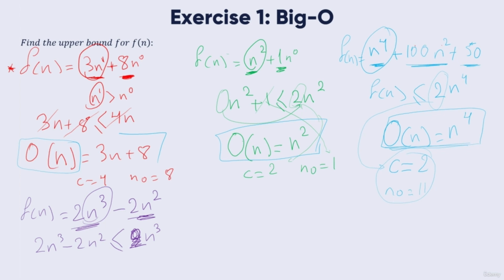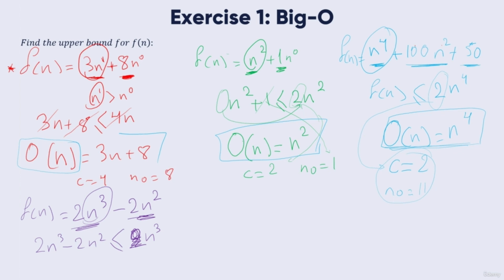So remember, take an example, n equal to 1. 2 times 1 cubed minus 2 times 1 squared is equal to 0. Is it less than or equal to 2? Yes, because 0 is less than 2. I substituted 1 inside this.